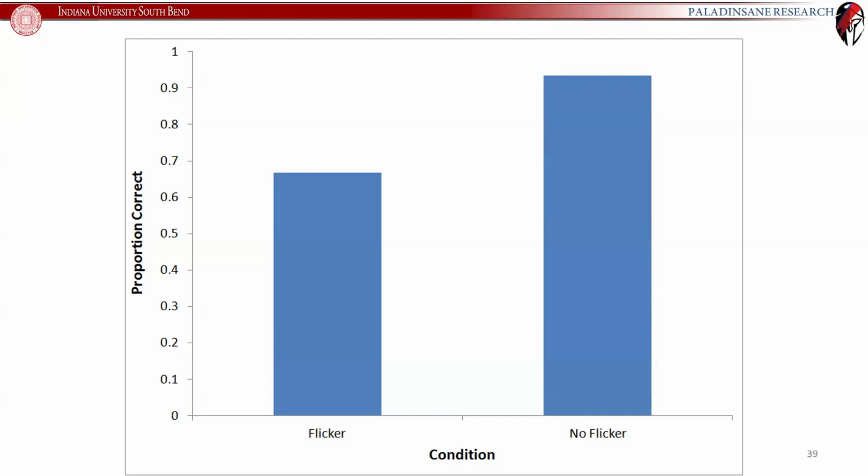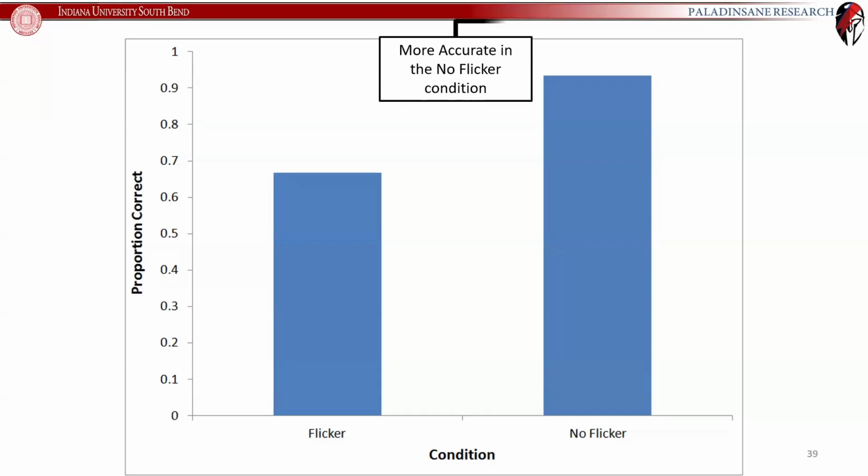So before we go on, these are actual downloaded results from students that complete these Cog Labs. So these are actual real results downloaded from the database that we have with the MindTap. So as you can see, you are more accurate in the no flicker condition than you are in the flicker condition.